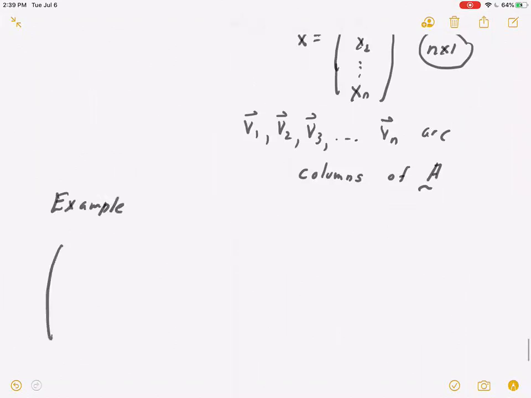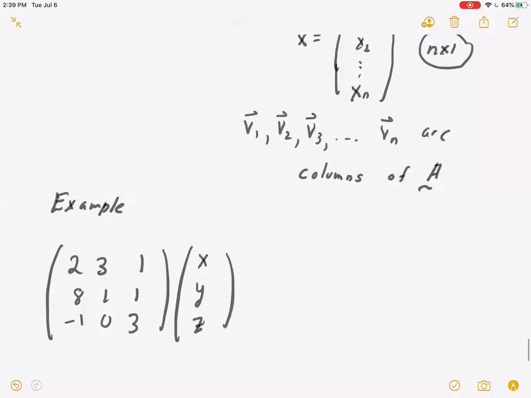So suppose someone gives you a 3x3 matrix, and you are given a 3x1 matrix of unknowns, and you want to do this matrix multiplication. This new way of looking at it is to recognize that my original matrix has 3 columns.